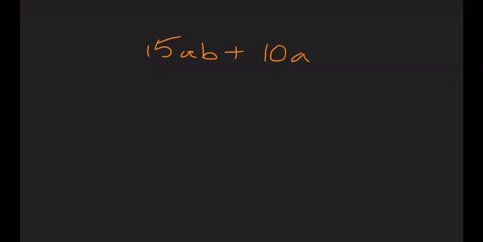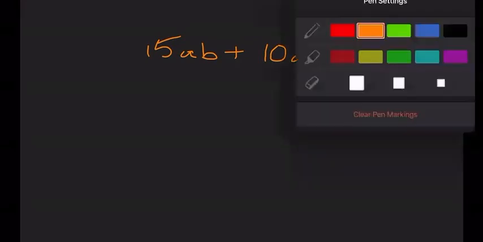Number one has two different variables, so that's not going to be a quadratic. I don't think it can be a quadratic if it has two variables. The important thing is that we don't have a 2 for our highest exponent. We don't have a 2 for the exponent at all.